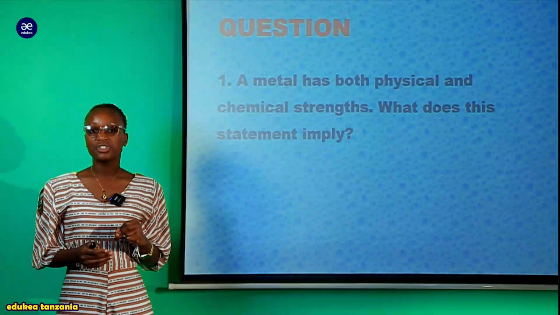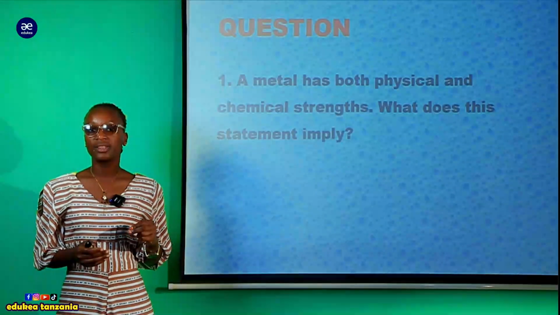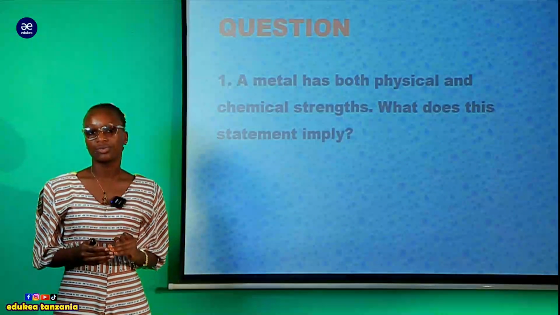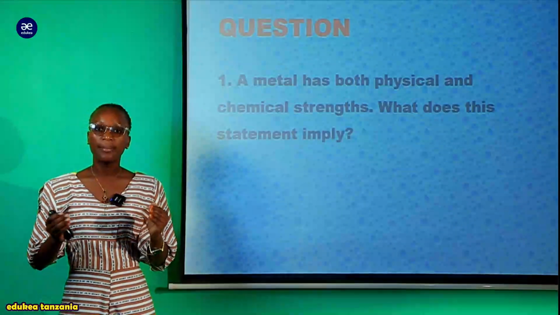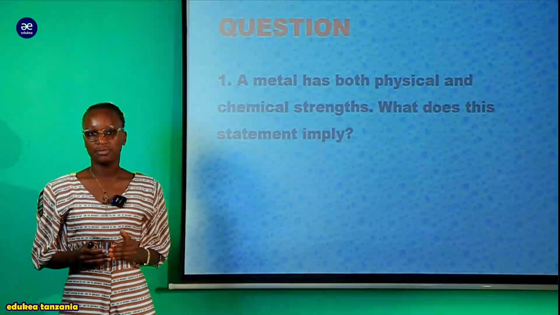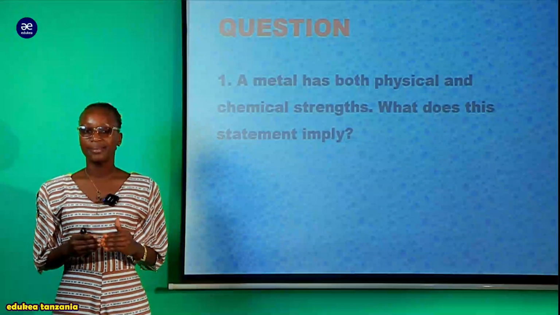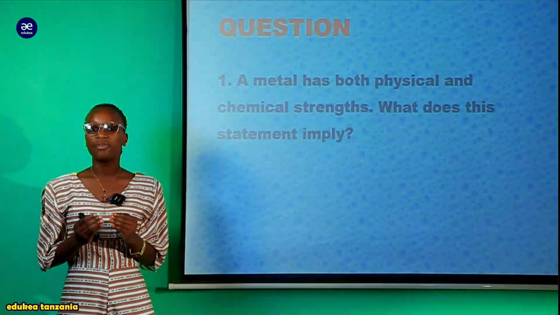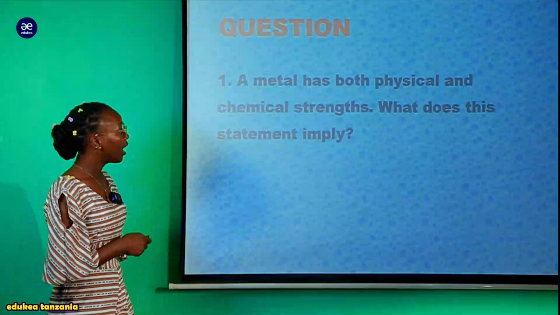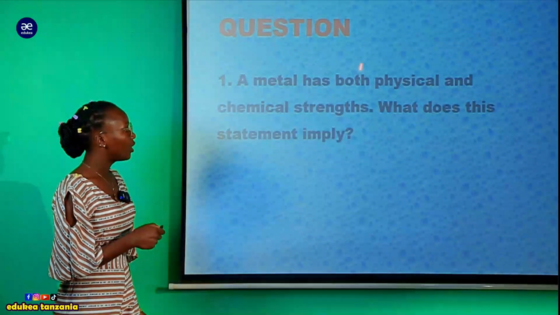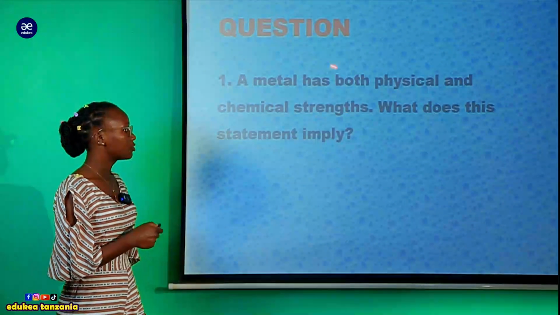Na each student should be careful during this question kwa sababu unachoose maswali matatu na yote unatakiwa uwe very brief, very comprehensive. So you can see that this question, as we see it, ni very simple, lakini it is made up of detailed information. So now we are going to see: a metal has both physical and chemical strength.